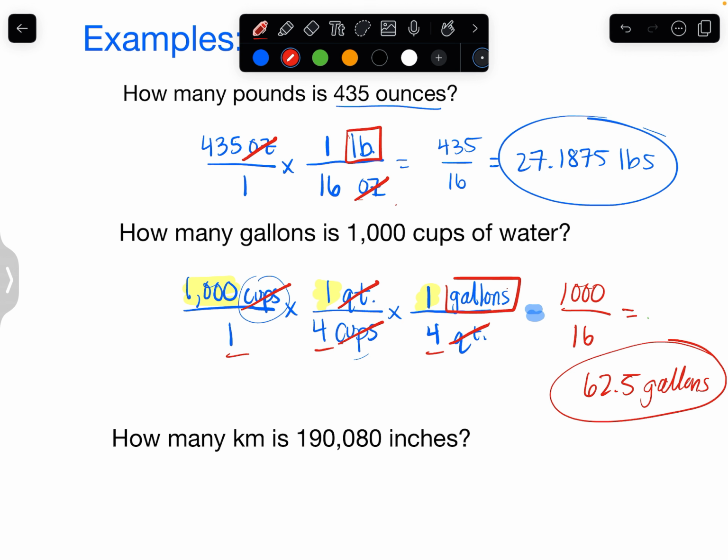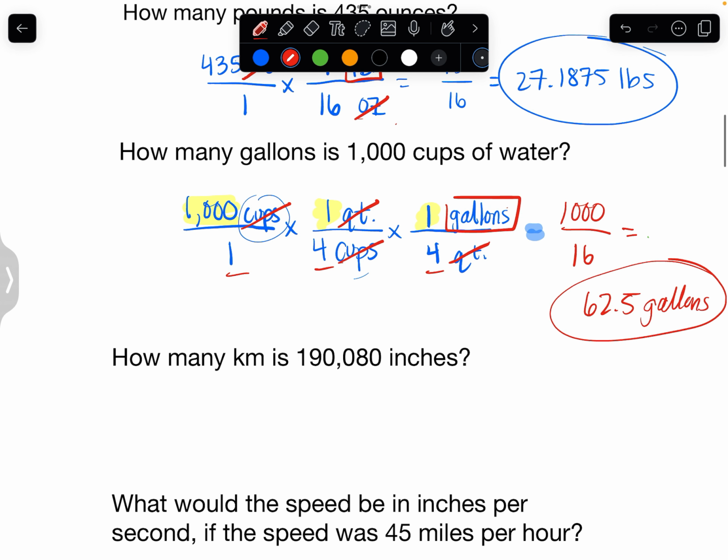So hopefully that's making sense so far. And again, both of these are going from US customary to US customary. Now this next one, we're going from US customary to metric. So we may have to use that bottom part of our resource page conversion sheet to help us out. So the first thing I'm going to do is write down 190,080 inches over 1.